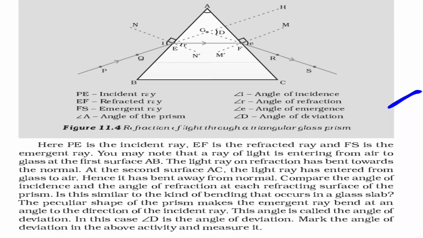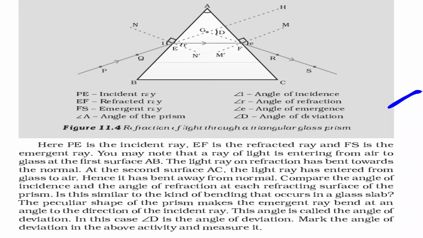You may note that a ray of light is entering from air to glass at the first surface AB. The light ray on refraction has bent towards the normal. At the second surface AC, the light ray has entered from glass to air, hence it has bent away from the normal. Compare the angle of incidence and the angle of refraction at each refracting surface of the prism. Is this similar to the kind of bending that occurs in the glass slab?